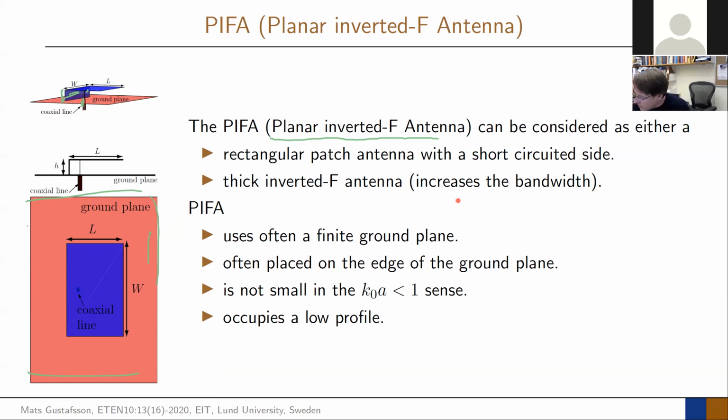On a finite ground, in most cases, you actually end the ground plane on the edge which you have short circuited, which means you have some feed point somewhere, you have a short circuit side or only a small fraction of it, and you have half a patch that sits above. And in the first order, this means that it would be half of our patch antenna. That's what we have there.